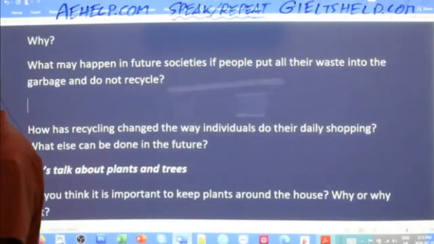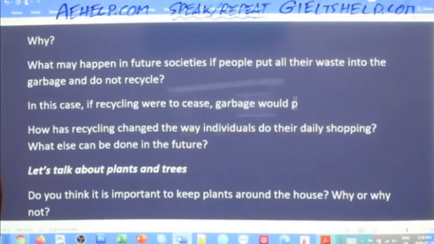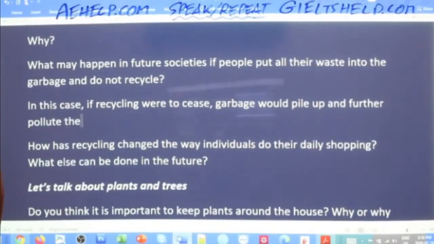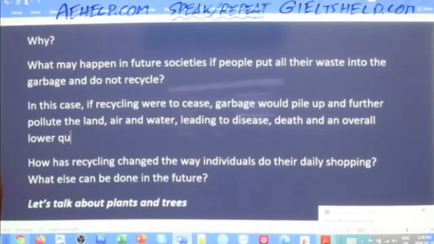So in this case, if recycling were to cease, garbage would pile up and further pollute the land, air, and water, leading to disease, death, and an overall lower quality of life.